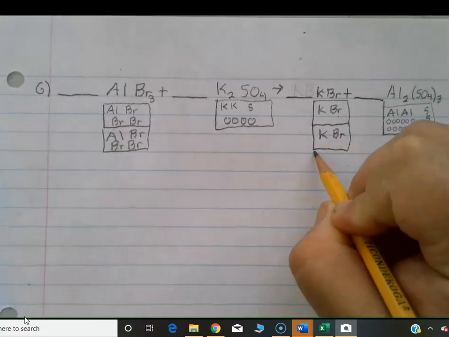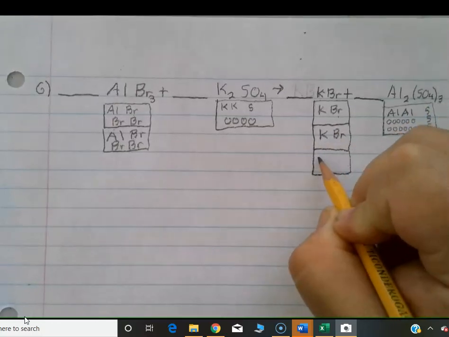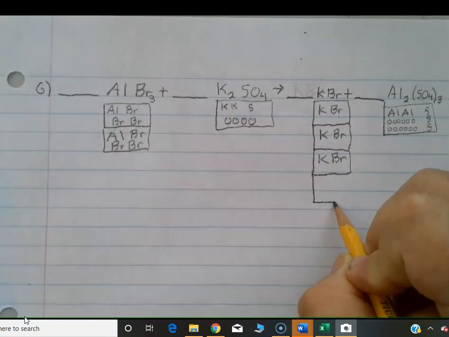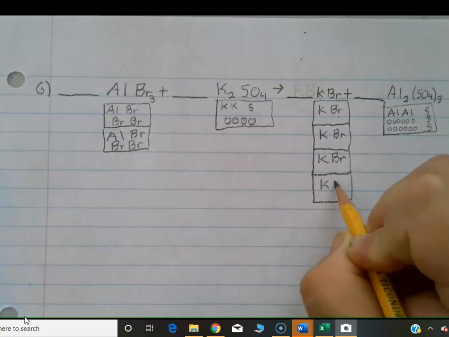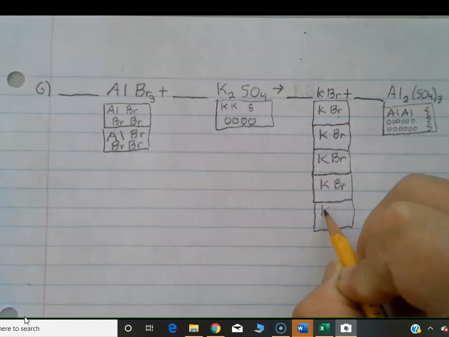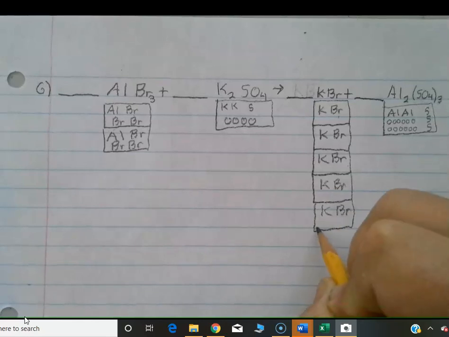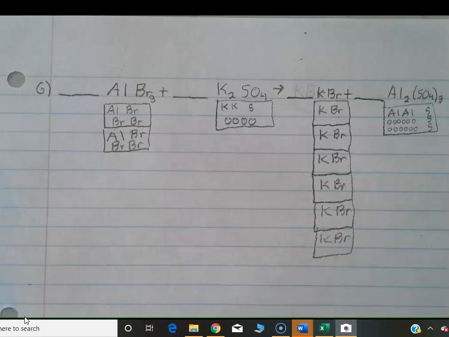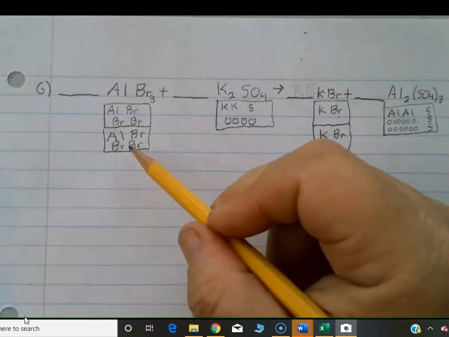That's why I asked you to do this on line paper and not try to do it on the sheet. Okay, there you go. You got 6 of those. So now I have 6 bromines and 6 bromines.